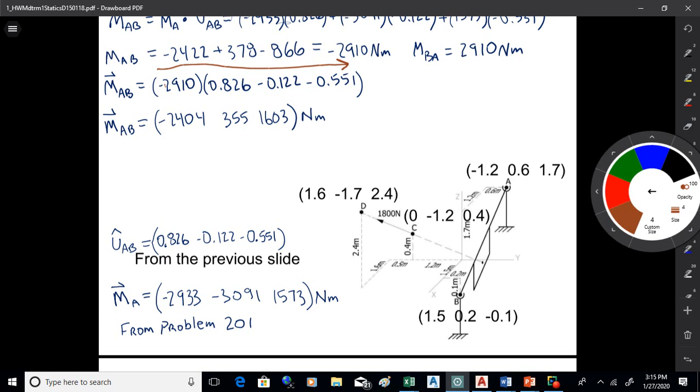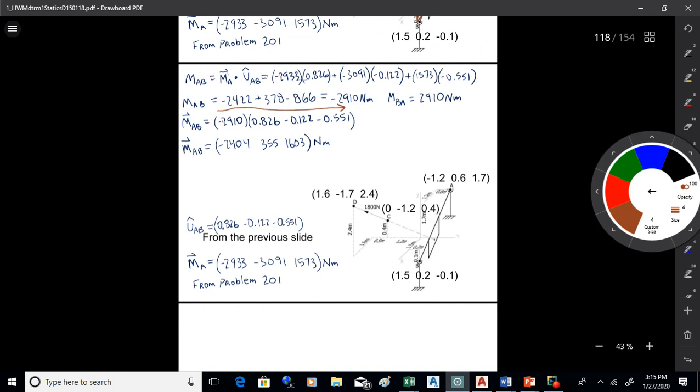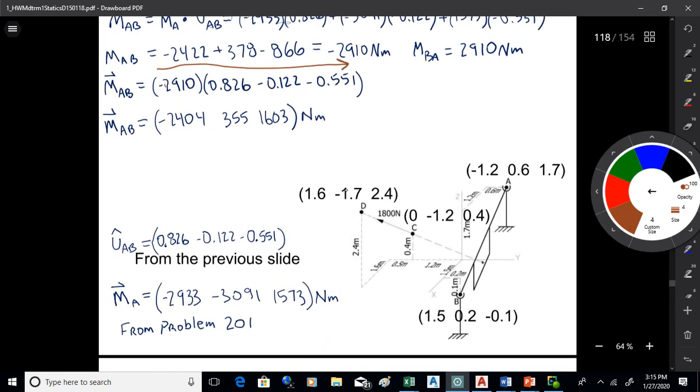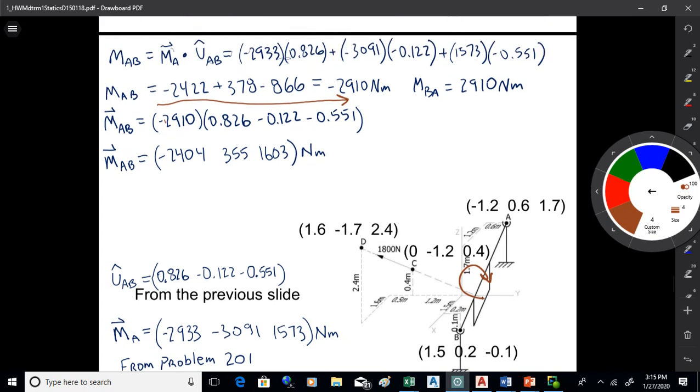So the moment about B to A is 2910. What that tells me is that the moment is coming around like that, because if I take my right fingers and turn them that way, my thumb will point from B to A. So if you take that moment about A and apply it here, you're going to spin that plate around the axis AB with a magnitude of 2,910 newton meters.